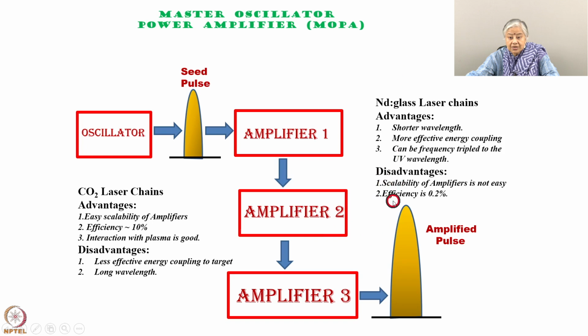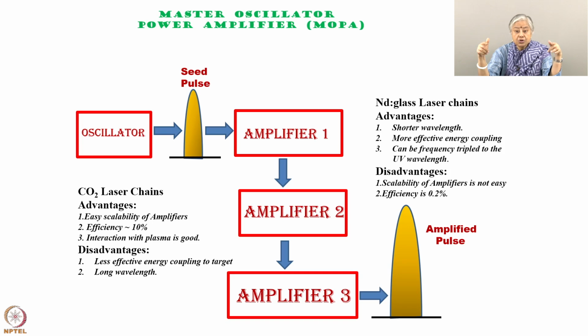Then what are the disadvantages of an ND glass? Scalability of amplifier is not easy. Scalability in case of carbon dioxide was easy. In this case, it is not easy, because first of all, you have to make these very large rods or crystals.